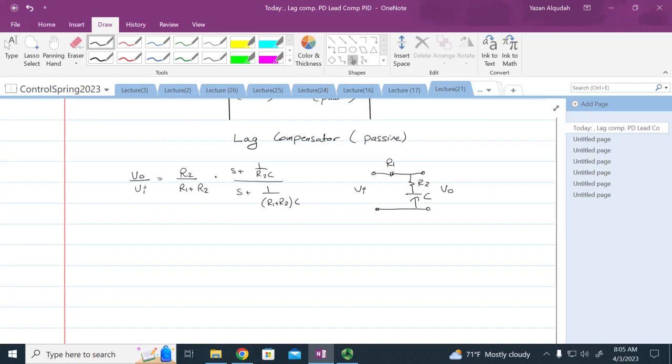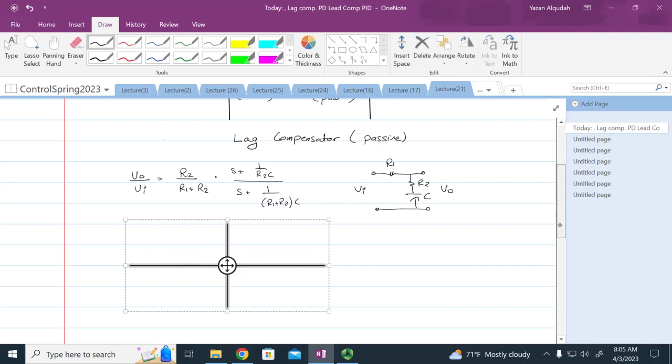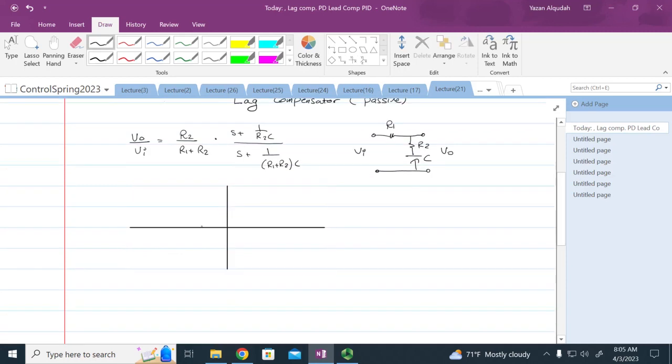Now if I plot the poles and zeros that the lag compensator is going to add to the system, I'm going to have a pole closer to the j omega axis and a zero that is farther away. So we can write this as K multiplied by S plus ZC divided by S plus PC, where PC is smaller than ZC.